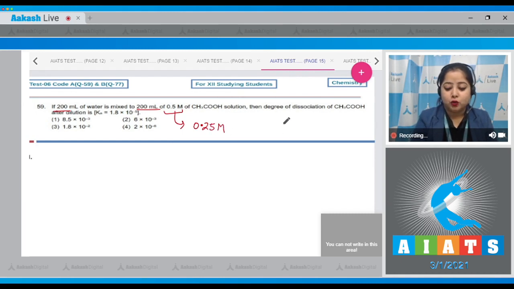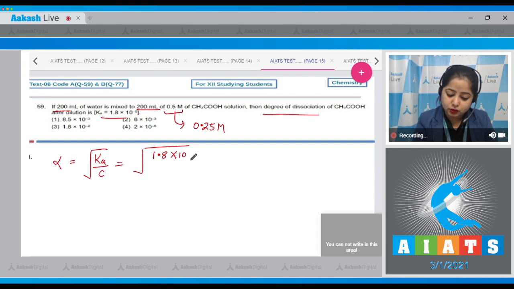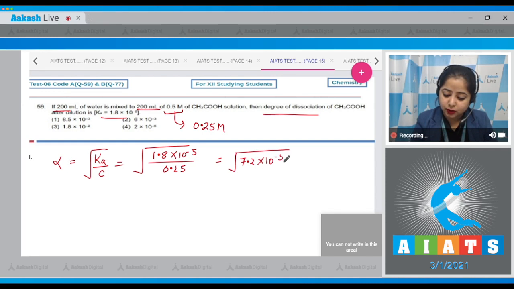Now we can calculate the degree of dissociation, which is represented as alpha, which is equal to under root of Ka upon C. We are given the value of Ka. That means 1.8 into 10 raised to the power minus 5 upon 0.25, which is ultimately equal to under root of 7.2 into 10 raised to the power minus 5.